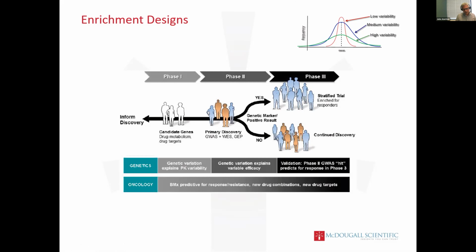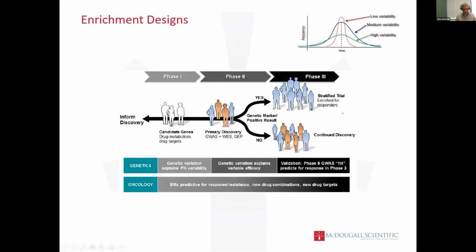One reason might be that the biomarker indicates that the patients who have this biomarker are more likely to realize an event that we're trying to study. For example, disease progression. Another reason would be that the biomarker indicates that the patients will respond to the treatment that we are offering.